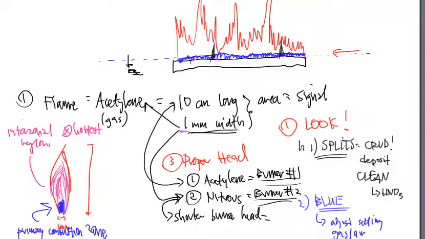And then finally, you get this area of the flame that's red, up here at the very top, on the outside. And that red area is called the secondary combustion zone.